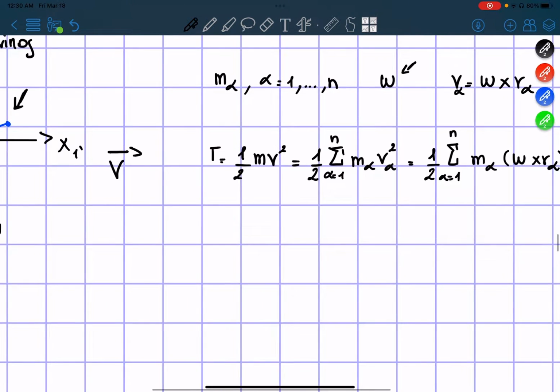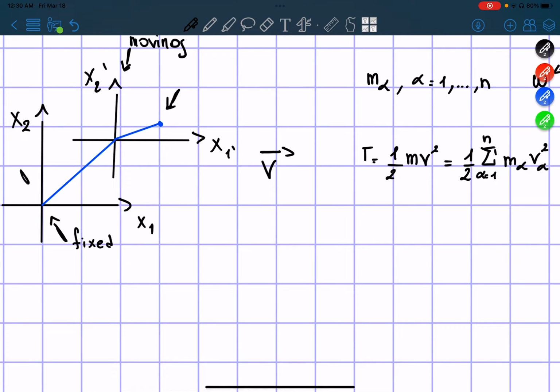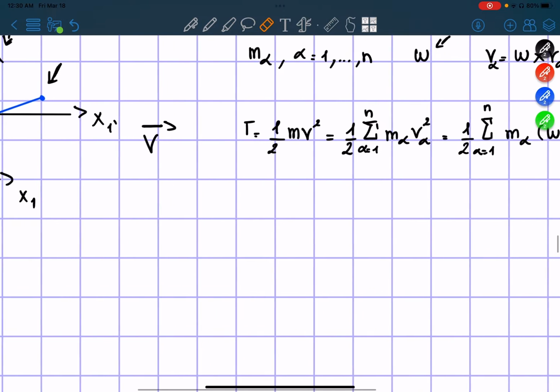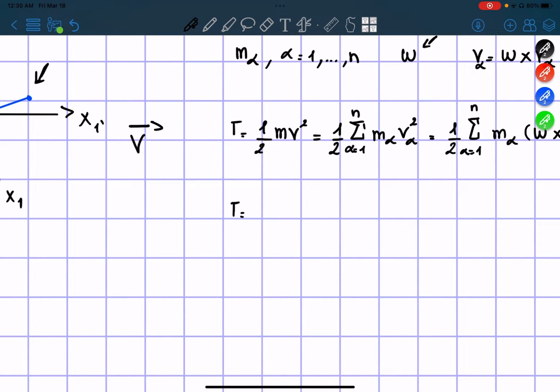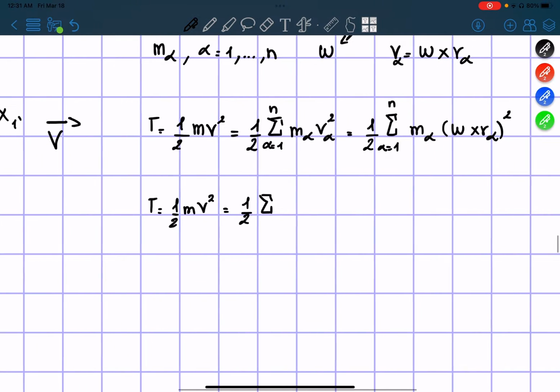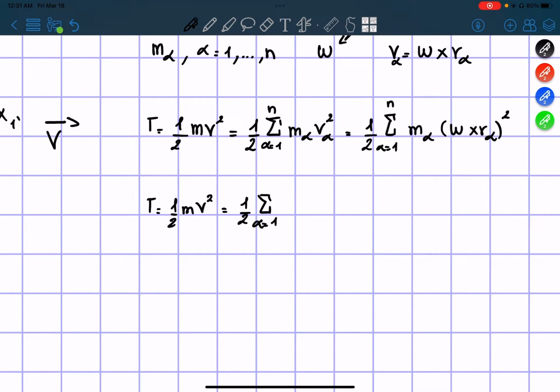And then the kinetic energy with respect to the fixed frame will be equal to what? Well, we have T equals again 1/2 m v squared. We're talking about a series of particles, so we're going to have 1/2, and the sum of these particles, alpha equals 1 to n, m alpha v alpha squared.